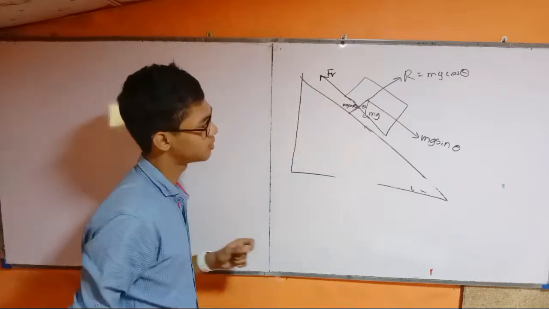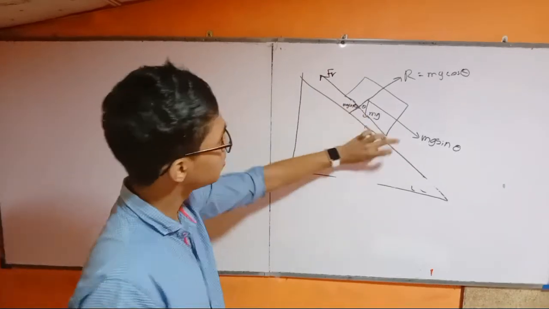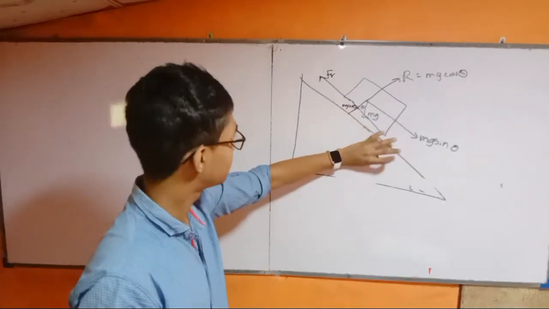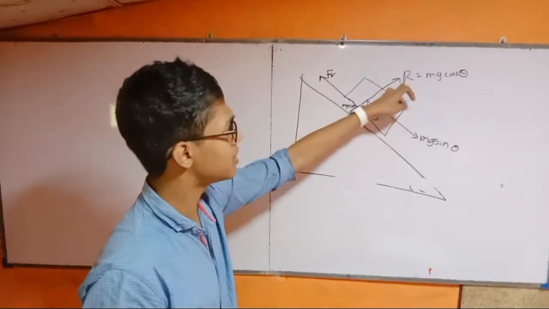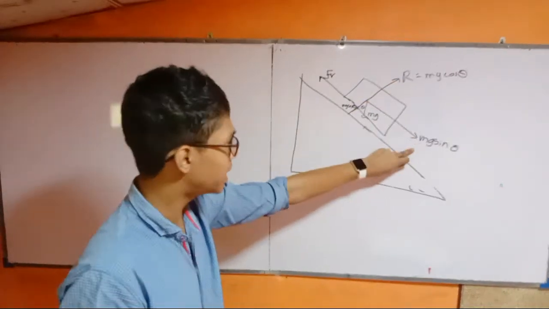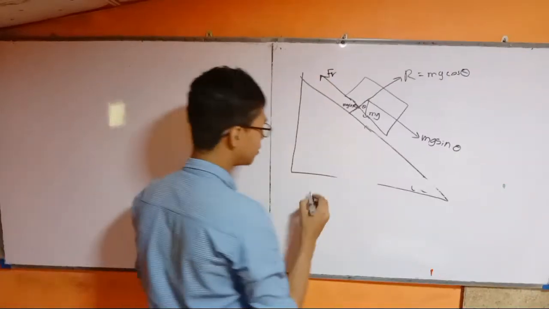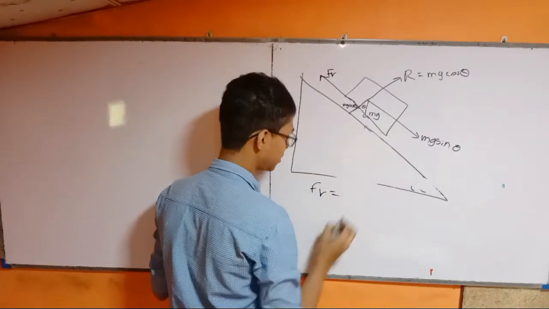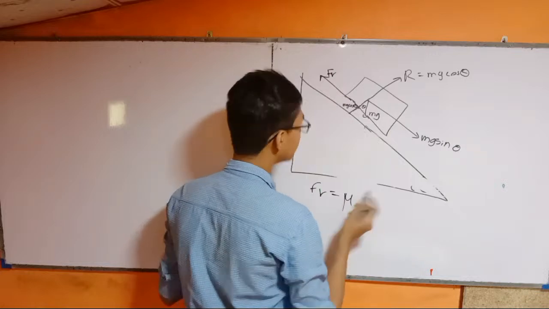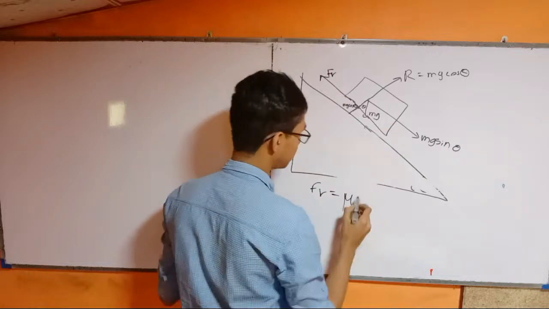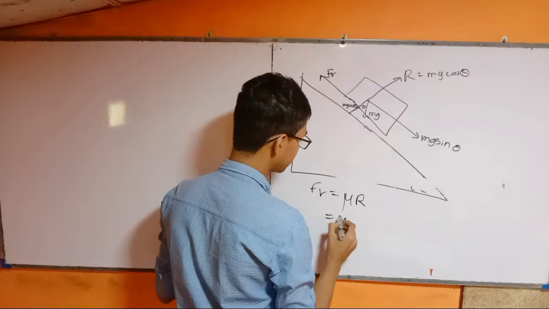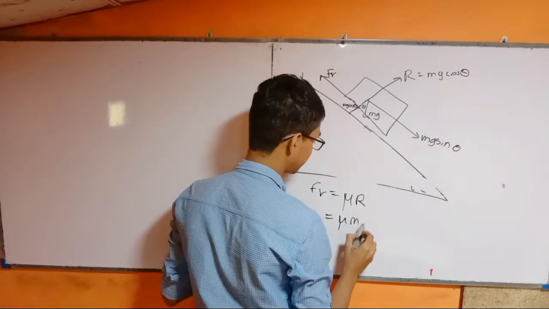Friction Fr. So it's going to be in equilibrium, because R is equal to mg cos theta and mg sin theta is equal to friction. Friction, you know, is mu R, right? Now I haven't taught this, but you know it from the theory notes. Mu R, where R is mg cos theta.